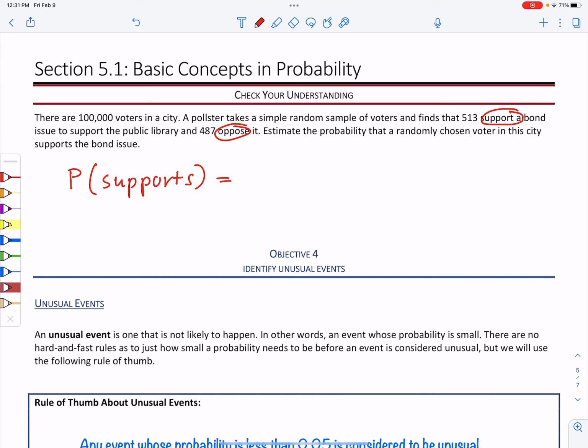supports the bond issue. So again, we start with our event. The number that support the issue is 513. And then again, notice you don't have the total here. You have a number of people in each group.